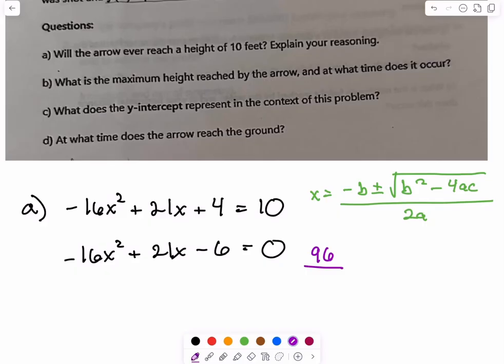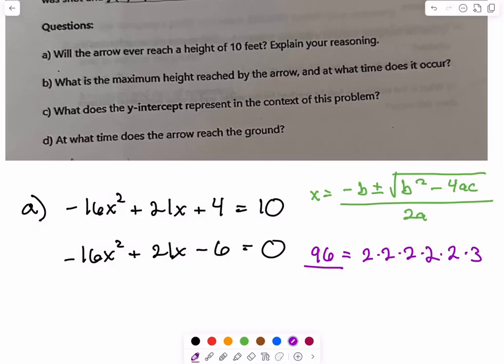Now for 96, we said 6 times 16. So 16 is 4 times 4, so that's 2 times 2 times 2 times 2. And 6 is 2 times 3, right? So again, I'm showcasing the AC method in factoring.